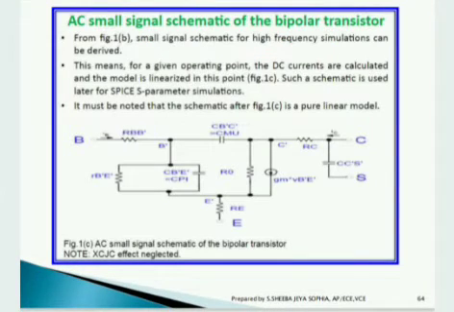Here, for a given operating point, the DC currents are calculated and the model is linearized according to the junction we are choosing. Such schematics are used in PSPICE and SPICE S parameter simulations.